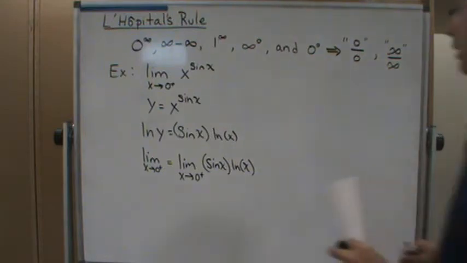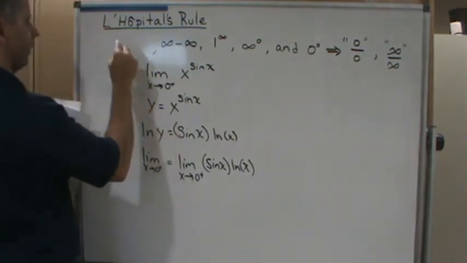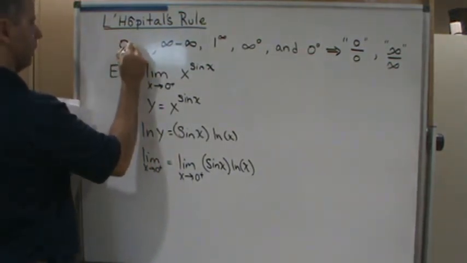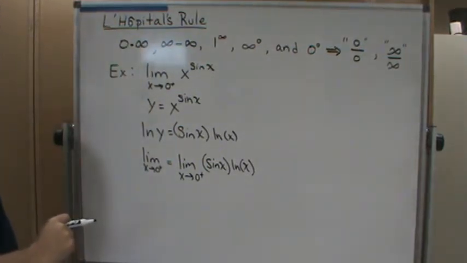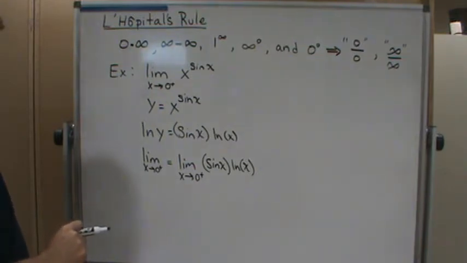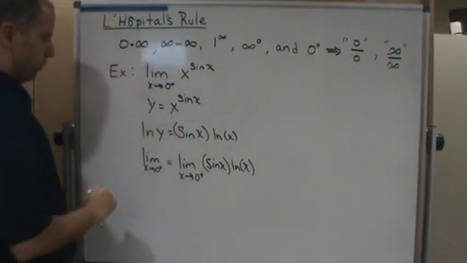Oh, yeah. This should be times. I wrote it down wrong. So this should be 0 times infinity. Okay, so now I've got another indeterminate form.